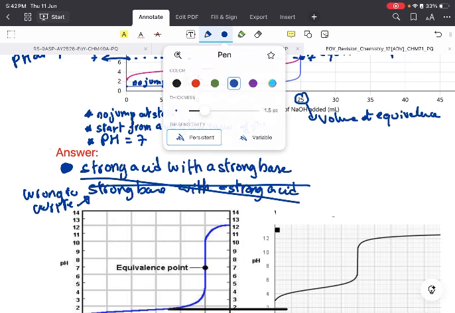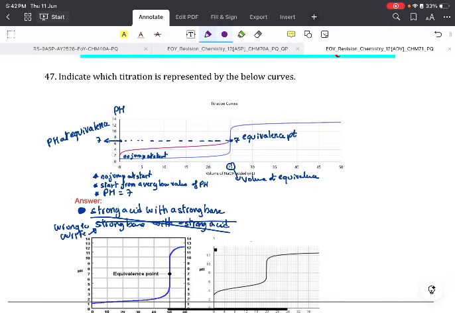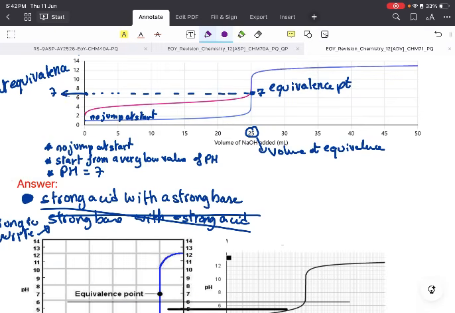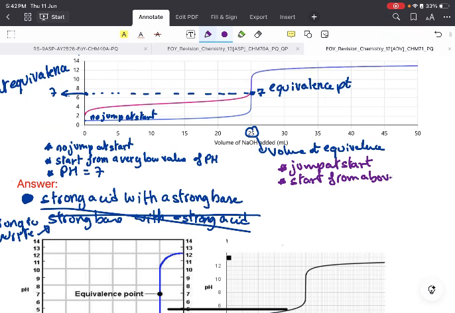Okay? Now, the other curve. Let's look at the other curve. First of all, there's a jump. So there is a jump at start. Also, it's starting from above 2. That's another indication that this is a weak acid.